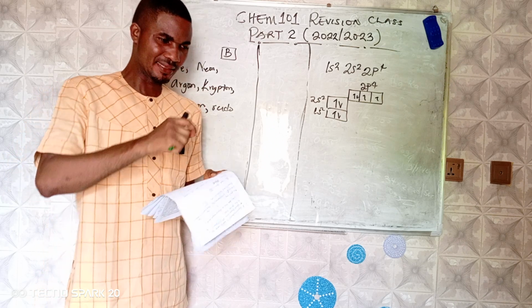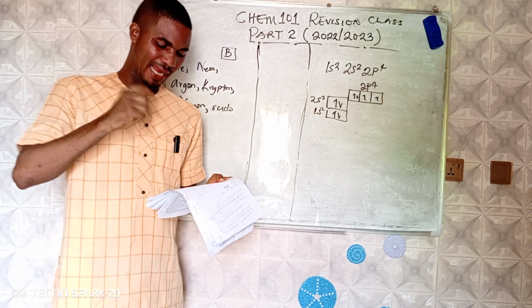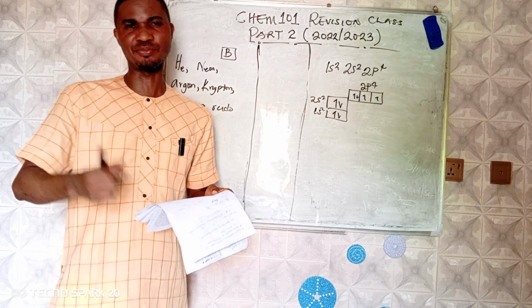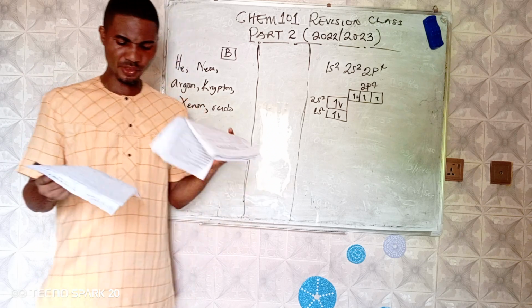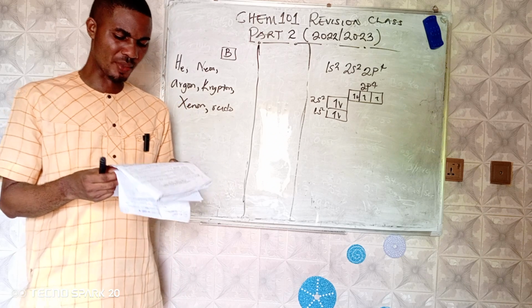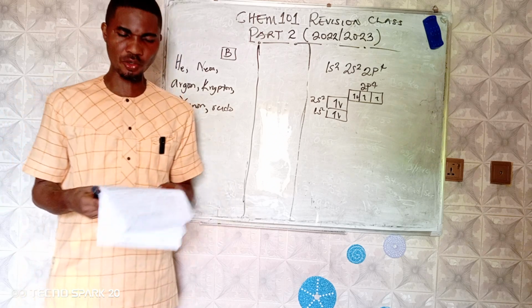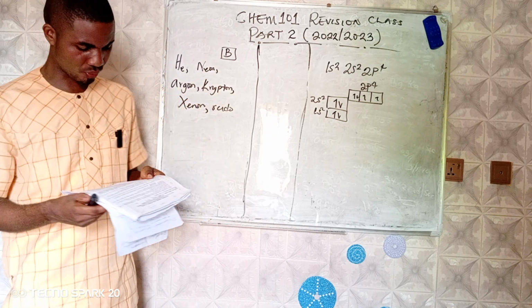So for you to remove another one, you need a very high energy. So the first ionization energy is always smaller than the second one.